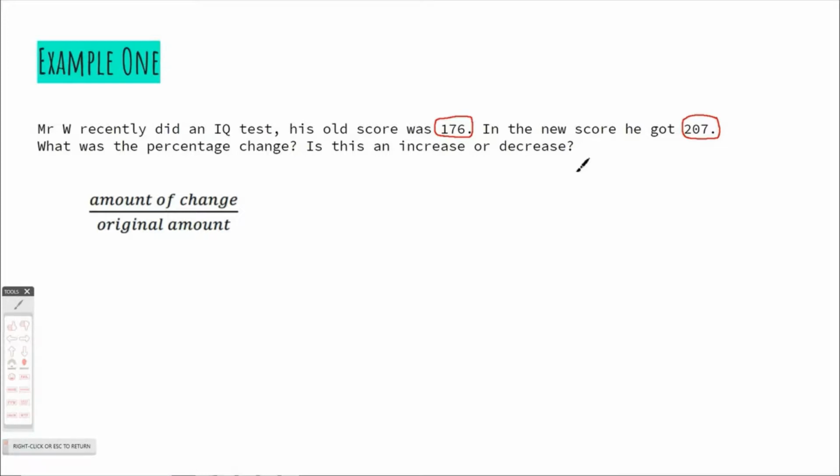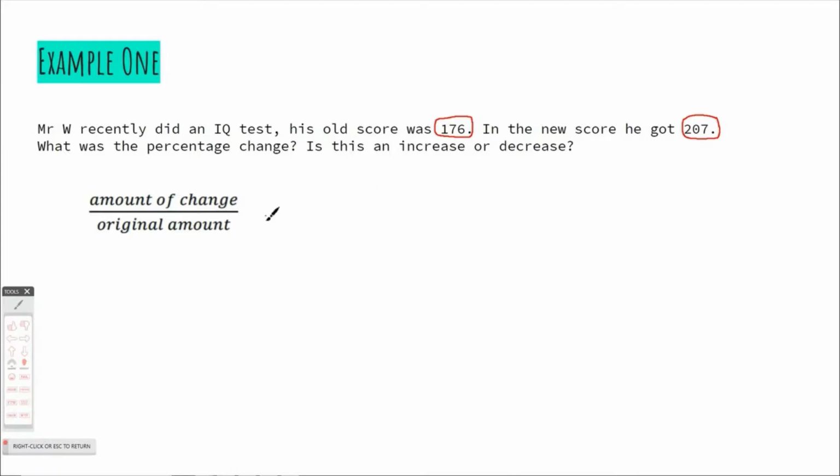What was the percentage change, and is this an increase or a decrease? This is an important question to ask because whether it's an increase or a decrease will impact what we think the original amount is. I feel like this is an increase because they're talking about his old score being 176 and his new score being 207.